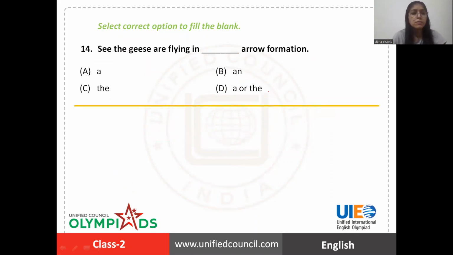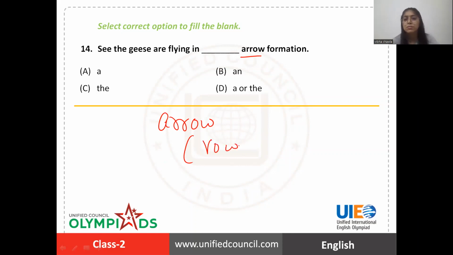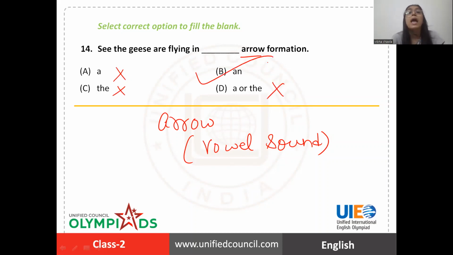Now question number 14. The geese are flying in blank arrow formation. The geese are flying in a, the, or both a or the arrow. While filling articles, you have to focus on the sound, whether it is a vowel sound or a consonant one. Now, arrow starts with a vowel sound, so a and the are incorrect. The right article is an: an arrow formation.